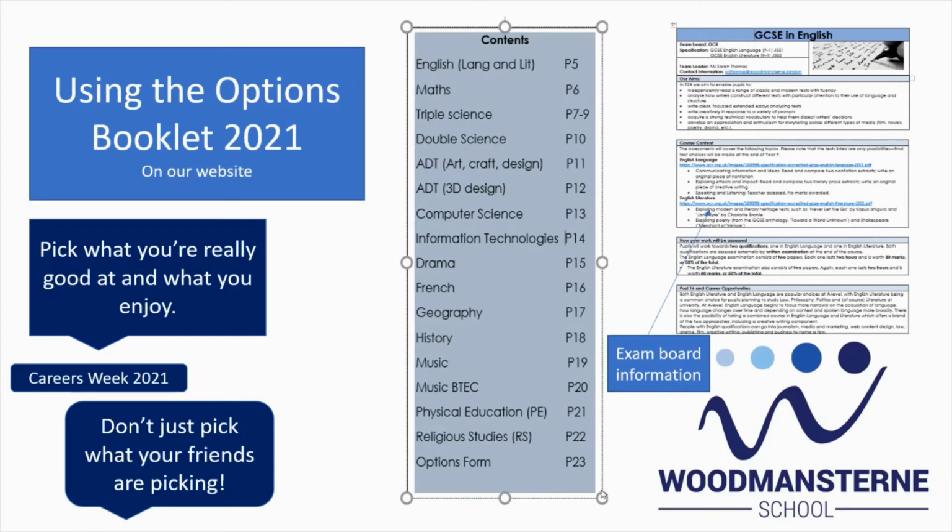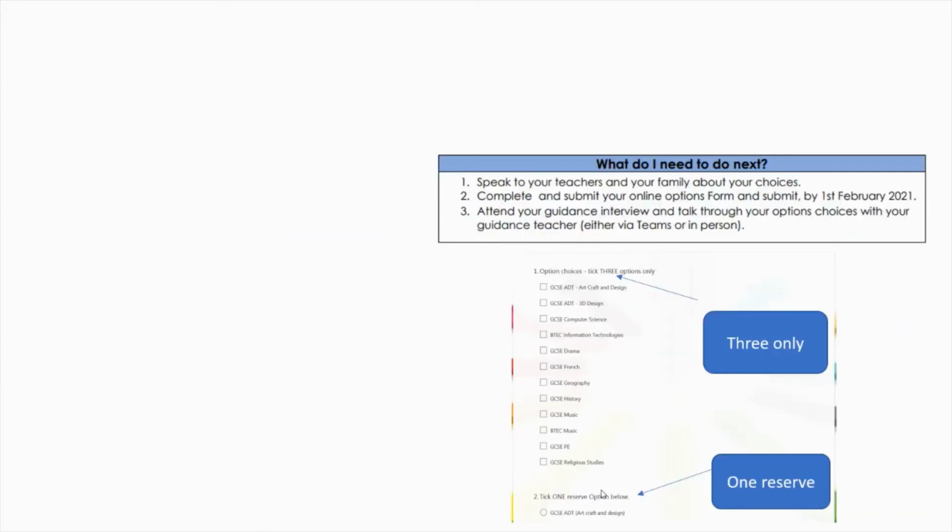So please have a look at that to help your decision-making process. On your contents page in your booklet, the first 3 subjects, English, Maths, Science, are compulsory, and then the others below have page references that will help you to decide which subjects you're going to select.